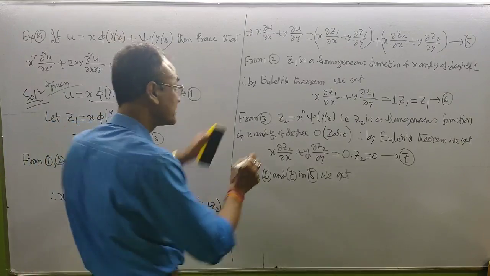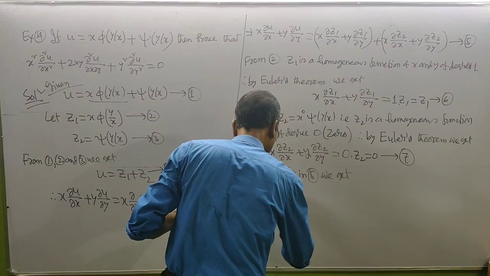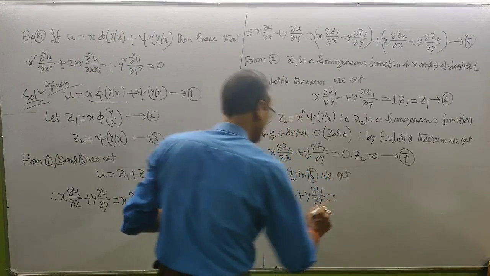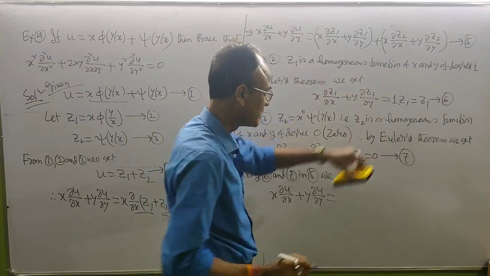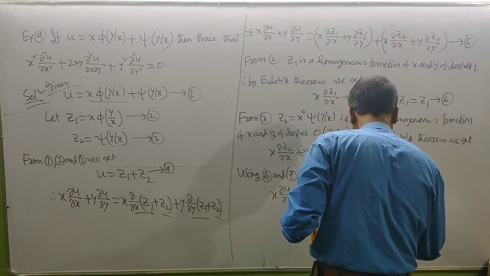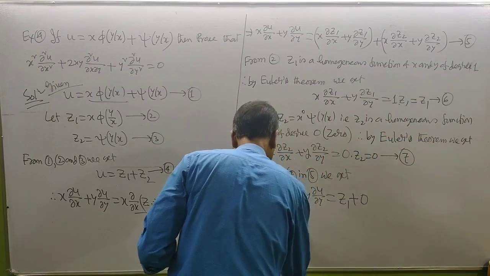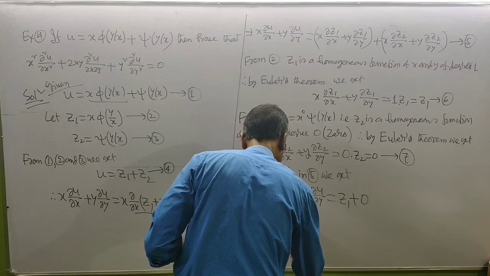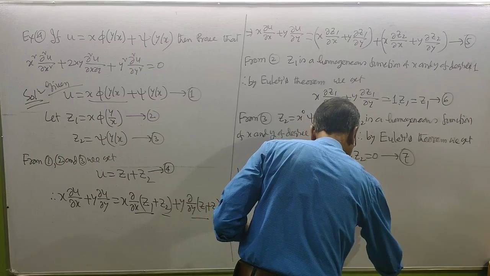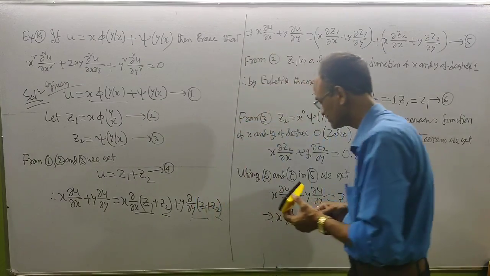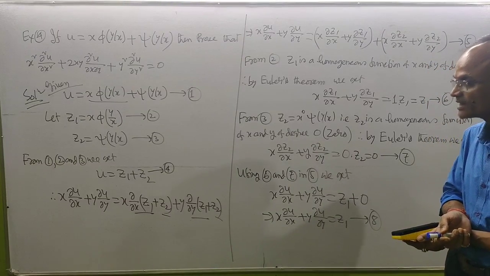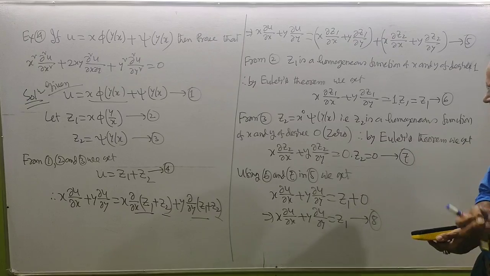We get x del u by del x plus y del u by del y equals z1. Suppose this is number 8. We have got this.